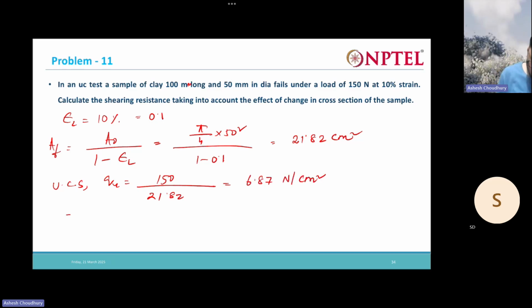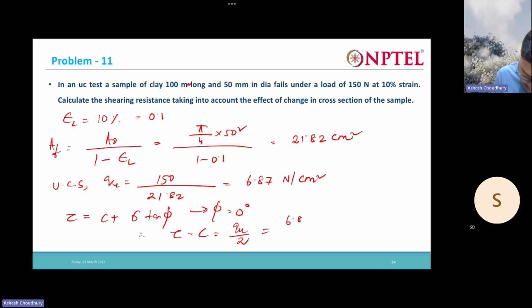Now UCS, that is qu, is 150 by 21.82 Newton per centimeter square, 6.87 Newton per centimeter square. So tau is c plus sigma tan phi. Now phi we can take as 0 degrees, therefore tau is equal to c, and c is nothing but qu by 2, 6.87 by 2, which is 34.35 kilonewton per meter square.